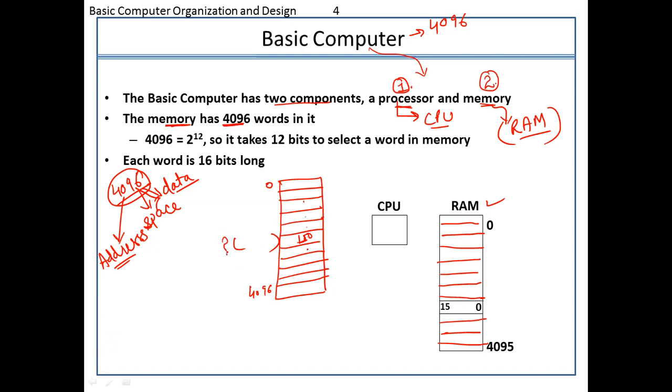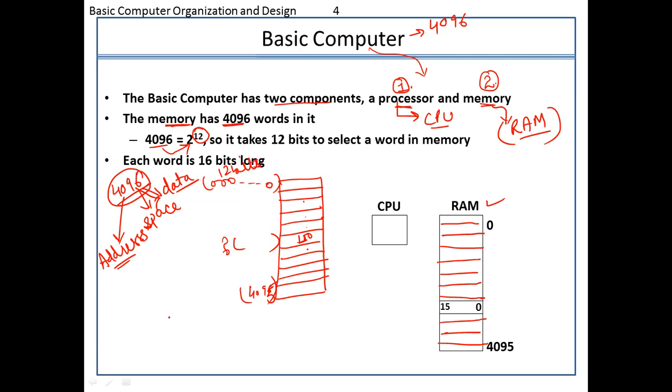Now, how many bits are required so that the space of my memory is 4096? It simply means that 4096 is directly equal to 2 raised to the power 12, meaning a 12-bit combination, 000 and so on up to 12 bits.